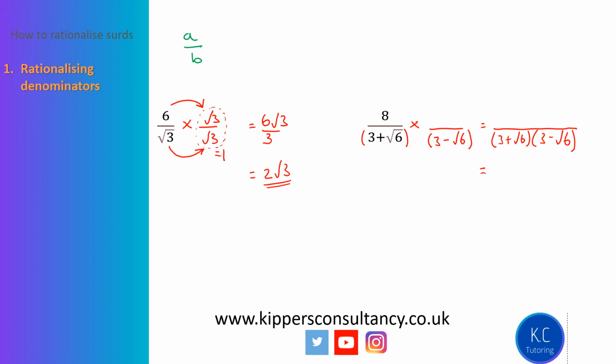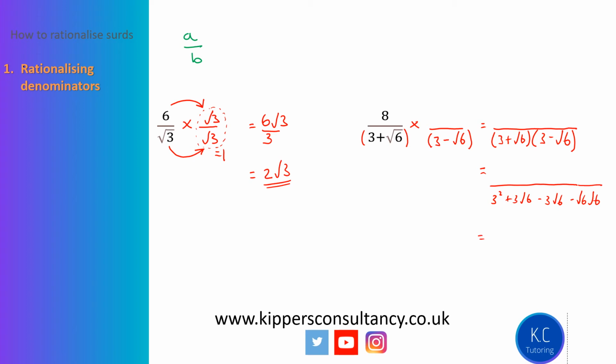So when I work this out, on the bottom, I end up with, and I'm going to expand it all out for everybody to see, 3 squared plus 3 root 6 minus 3 root 6 minus root 6 root 6.